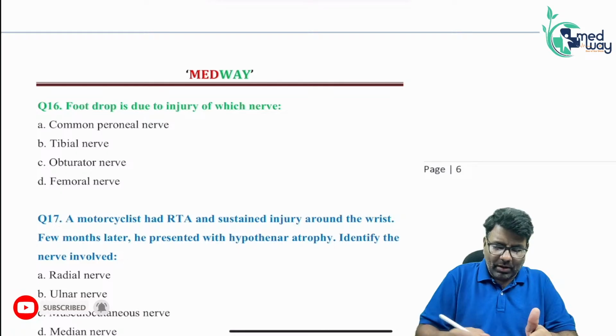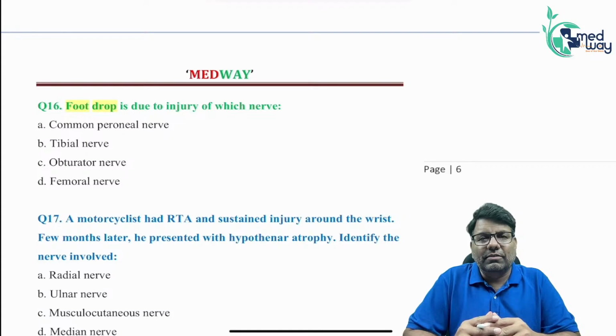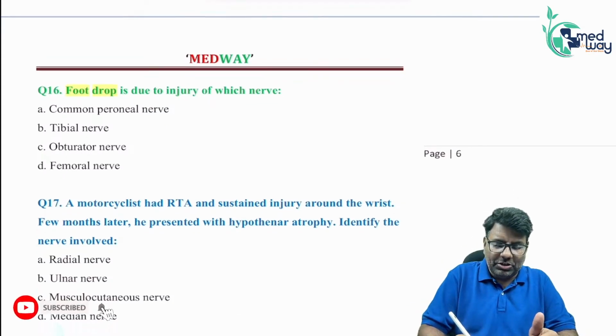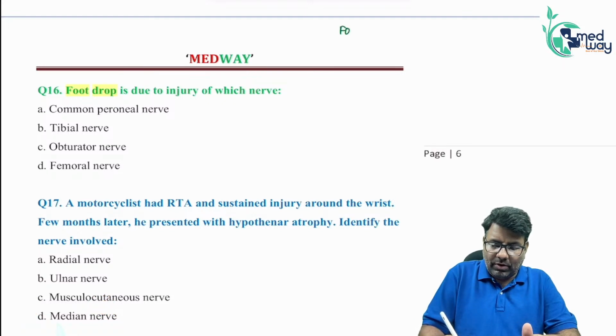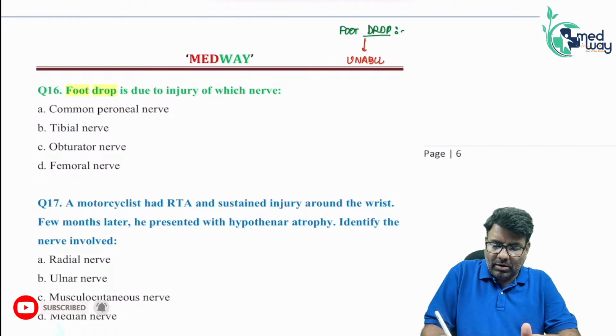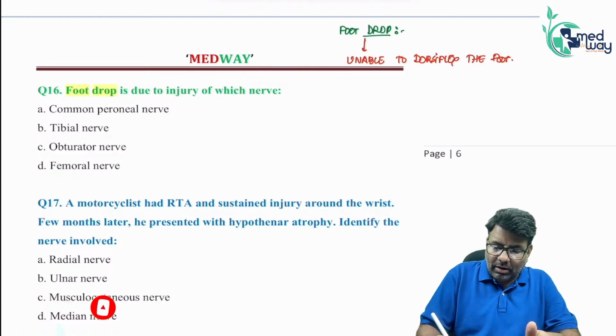Now, foot drop is because of injury to which nerve? Foot drop means the patient is unable to dorsiflex the foot. Now it means which group of muscles is paralyzed?